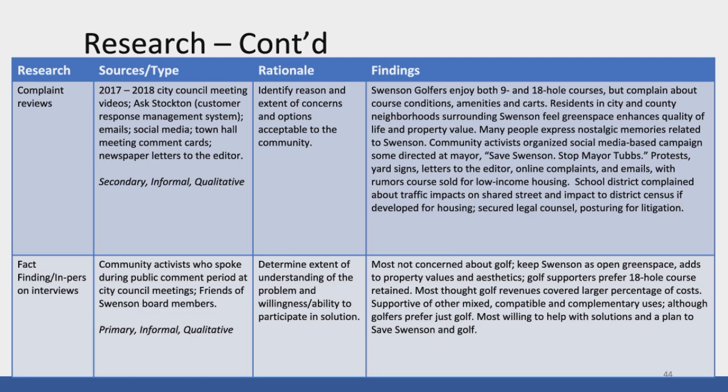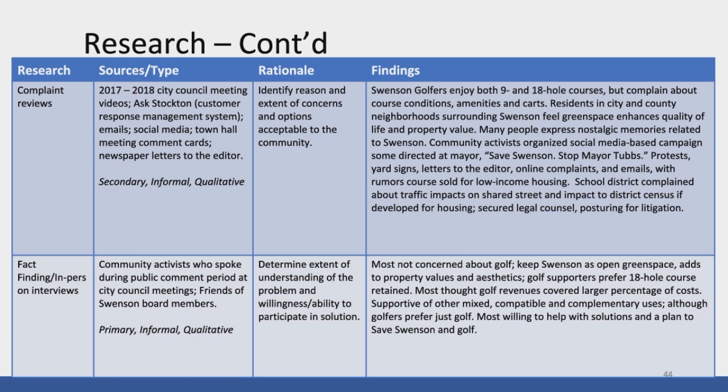And the school district, of course, complained about traffic impacts in the shared street that we have between the two facilities. And actually, the school district was posturing for litigation.